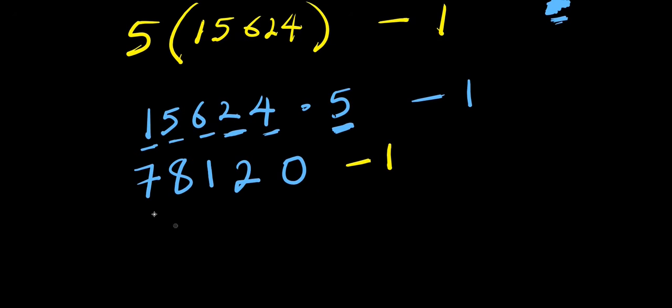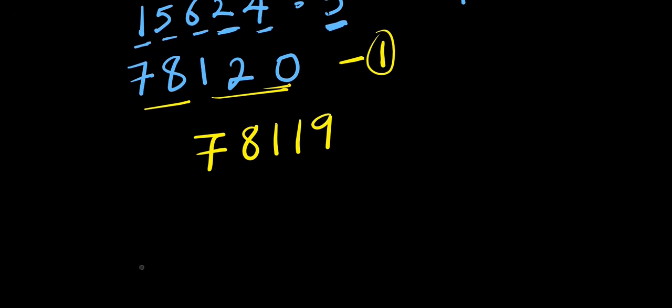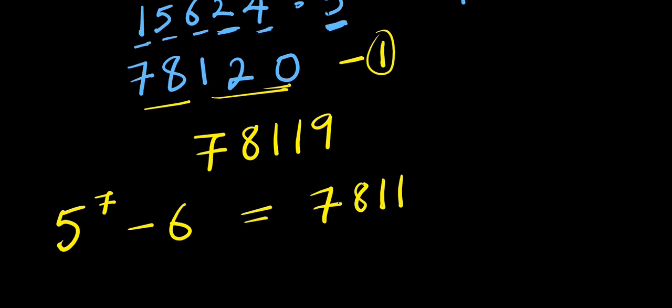So you have 78,120 minus 1. You subtract this 1 here from the 20. You have 78,119 because 20 minus 1 is 19. So therefore, you can say that 5 to the power of 7 minus 6 equals 78,119. And we have achieved this without any form of calculator or whatsoever.